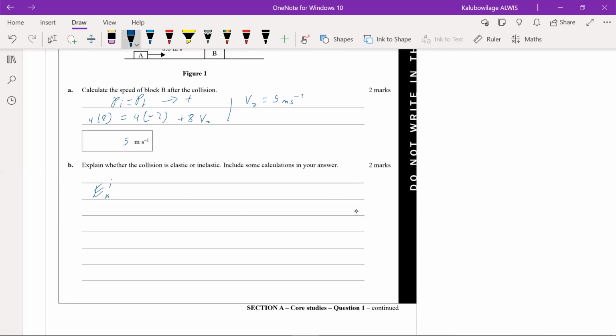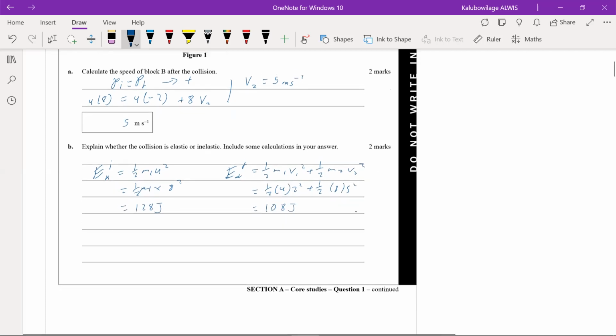So initial kinetic energy is half times 4 times 8 squared, which is around 28 joules, and the kinetic energy after the collision is half m1 v1 squared plus half m2 v2 squared: half times 4 times 2 squared plus half times 8 times 5 squared, which comes to 108 joules.